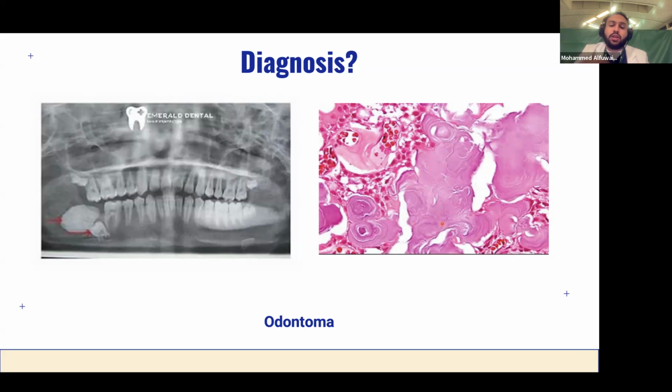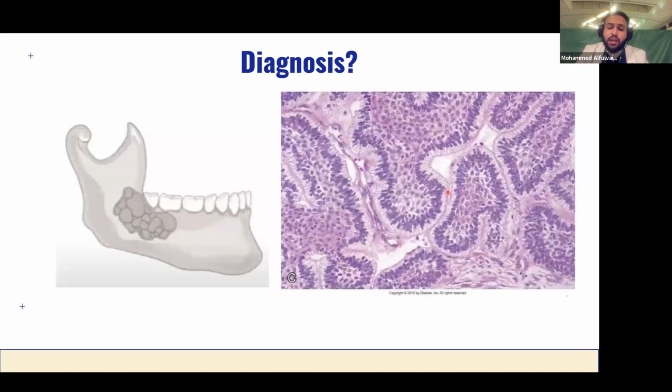Hamartoma is normal tissue in an abnormal place. There's a lot of dentin here that's not supposed to be there. It's because of certain cells producing dentin, which are the odontoblasts. So that's why we call it an odontoma. It starts to produce a lot of dentin that will just stay in this area. There's not much about this other than the fact that it secretes a lot of dentin, which is all of this.